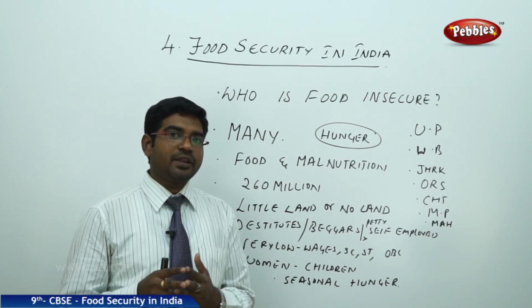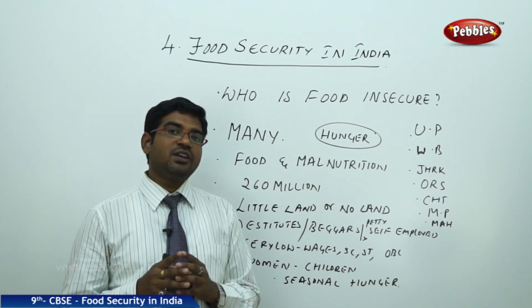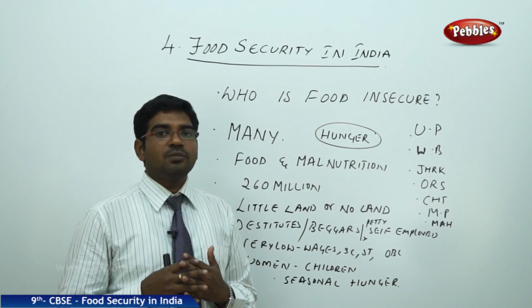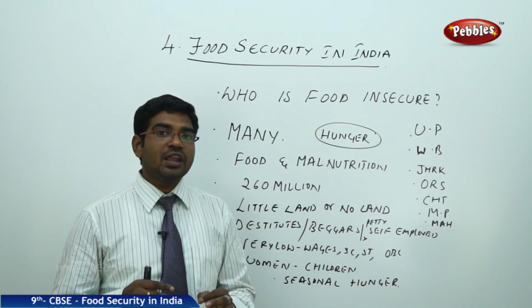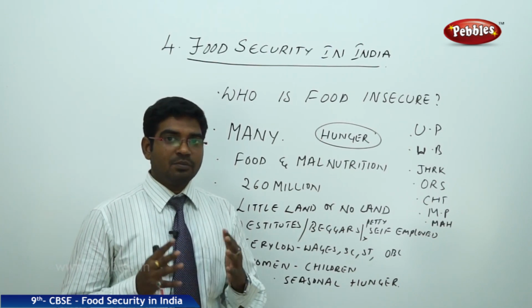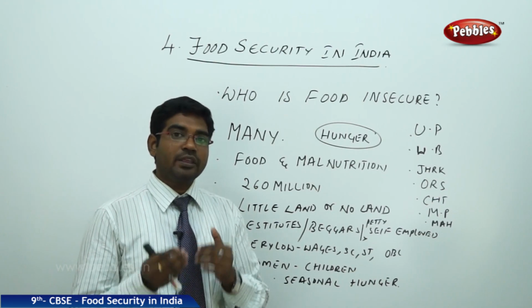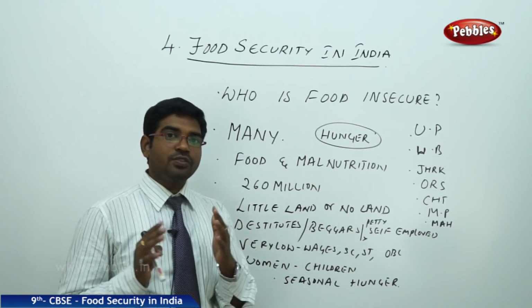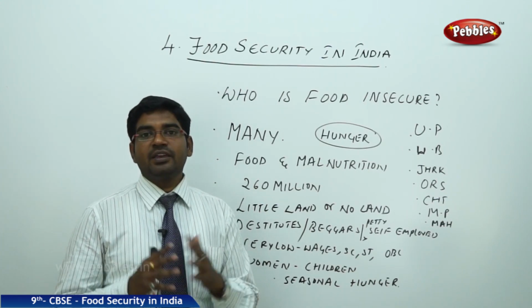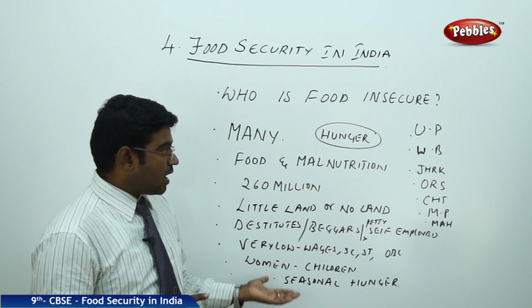Whenever she is pregnant, the same situation continues, and she finds it very difficult to have two square meals per day, and this shows its impact on the child in the womb. So pregnant women and the children in the womb are also malnourished, and the impact on them is very high in some parts of our country.